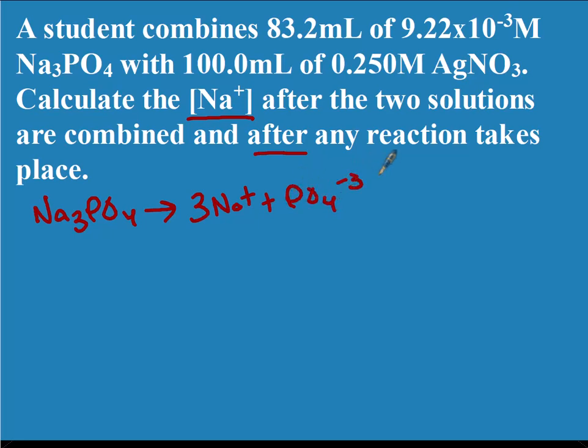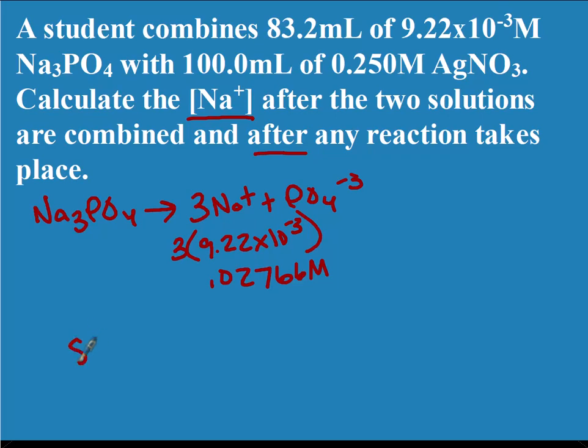So if I have 3 sodiums, then my concentration is going to be 3 times 9.22 times 10 to the negative third, or 0.02766 molarity. That's before the reaction takes place and before I've mixed the solutions.